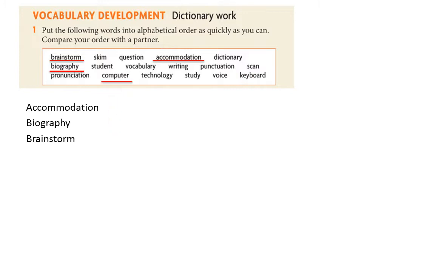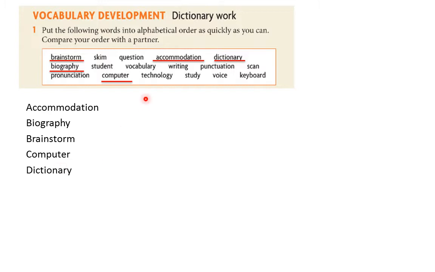So computer is the fourth word. After C we have D, and when we scan the words we can see dictionary. Dictionary starts with D, and we do not have another word started with D. So the fifth word is dictionary.